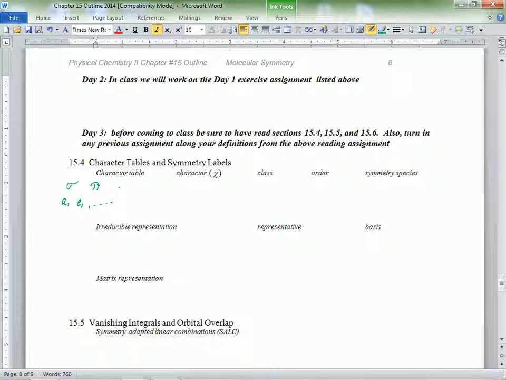And these are coming from the character tables. If you have an irreducible representation that's big A1, that's the irreducible representation, or irrep, but its molecular orbital would be little a1. Okay?